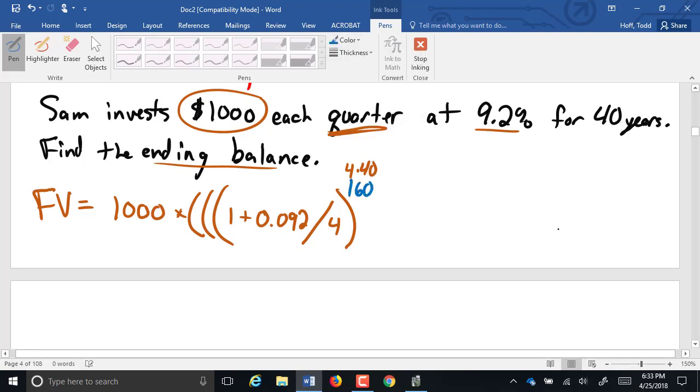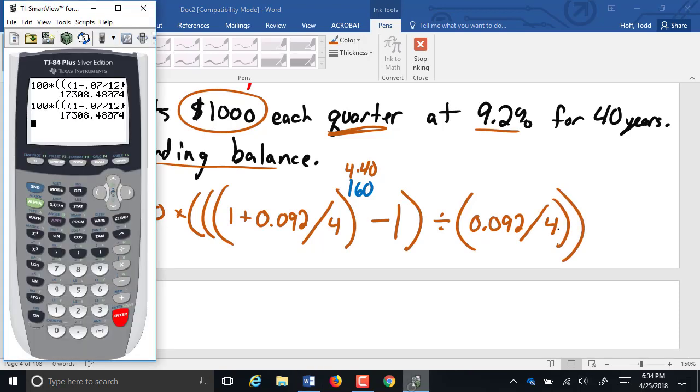Very good. 4 times a year times 40 years. Minus 1, close parentheses, divided by, open parentheses, what goes in here? 0.092 divided by 4, right? Then close and close.